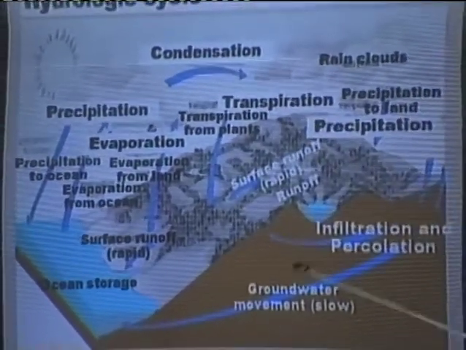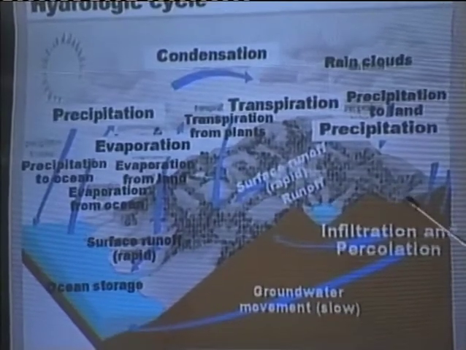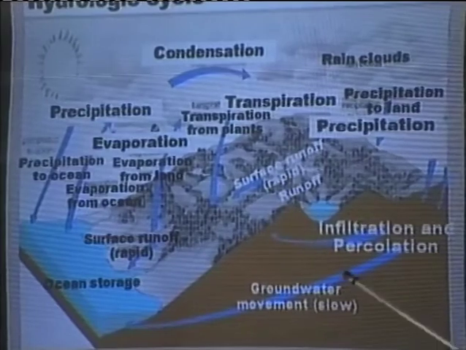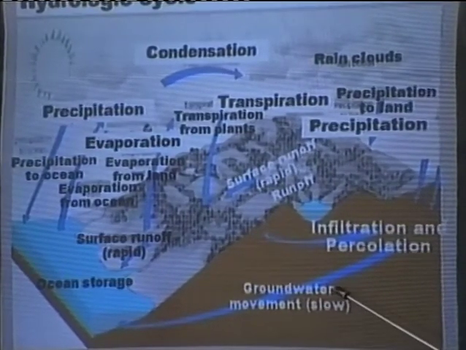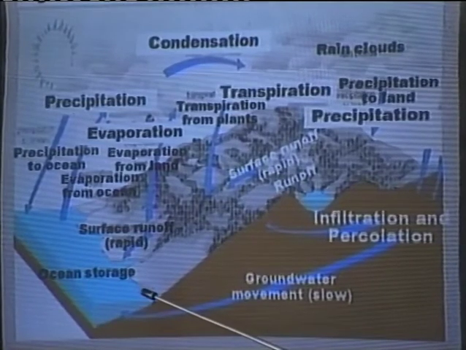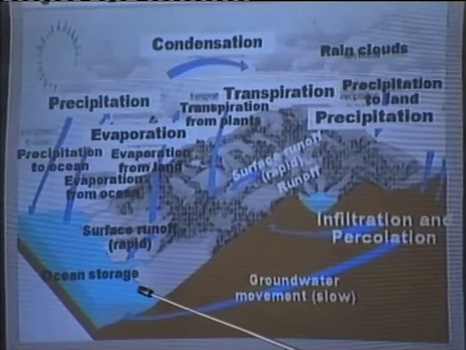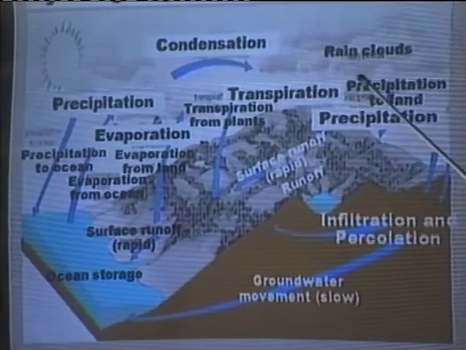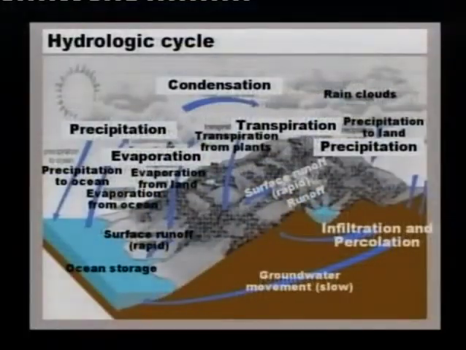So the infiltration and percolation takes place under the surface. Water which is stored there does not have to always remain there. What can happen to it is that it can flow back out to the sea. And then from the sea, evaporation takes place again and the cycle continues. So within this cycle here, we have looked at one of those processes, and one of those processes is that of precipitation.